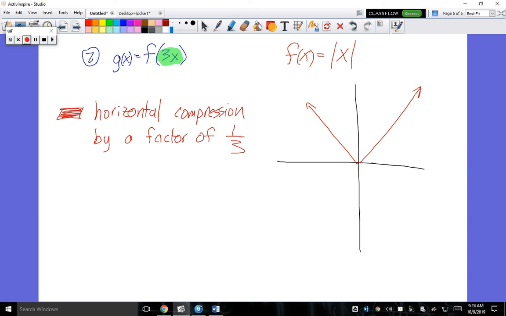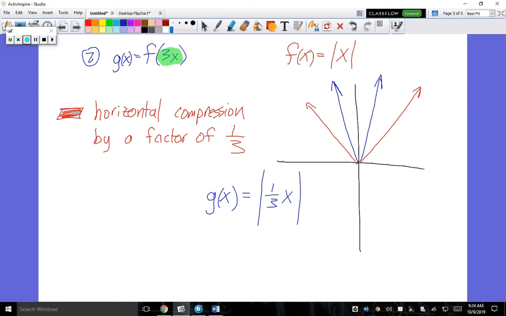Cool? So if I horizontally compress this, will it make it steeper or will it make it wider? If I horizontally compress it, will it make it steeper or wider? Steeper. And my slope, okay, so right here, this is you. At 0, it would be 0.